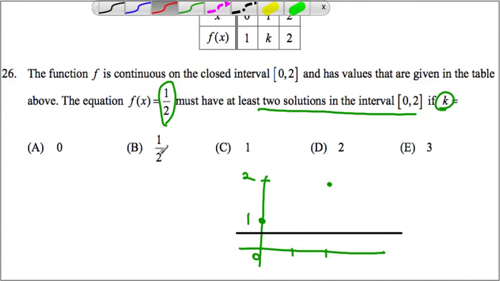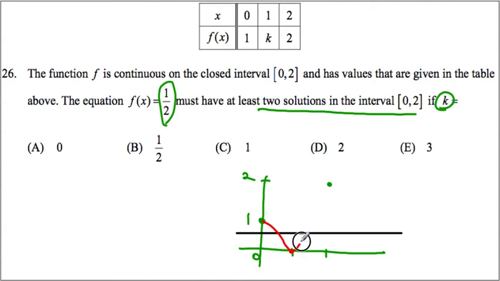If it were 1/2, then it can possibly be only one particular point, but if it's below that, for example 0, I'm just randomly drawing a function that goes this way. Then as you can see, there are 2 places where the value of x can be found. So therefore our answer would be choice A.